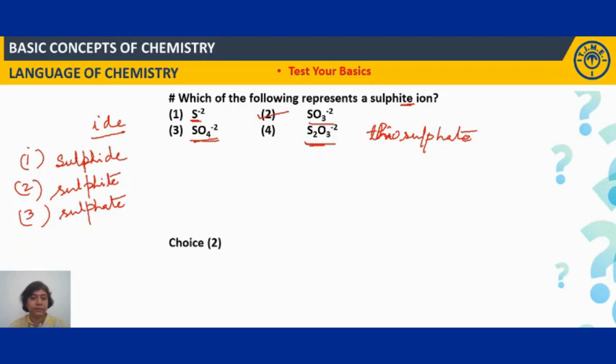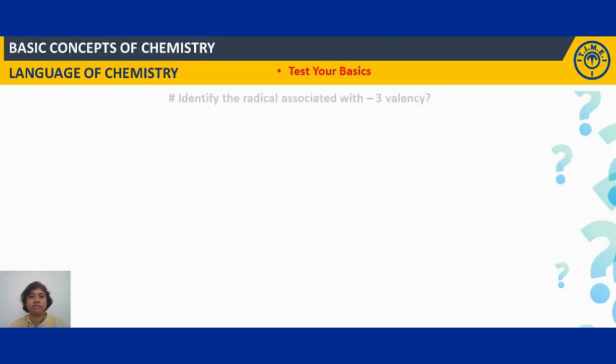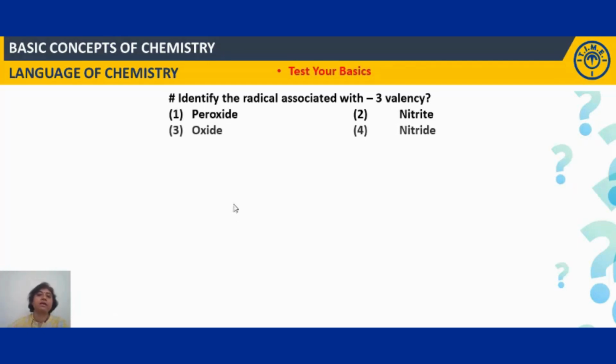Choice 2, fine. So let us move on to the next question. Identify the radical associated with -3 valency. Let us work on it. See the options. You must be ready with your answers. First thing, to find out the valency, you have to write the symbol along with their valencies.